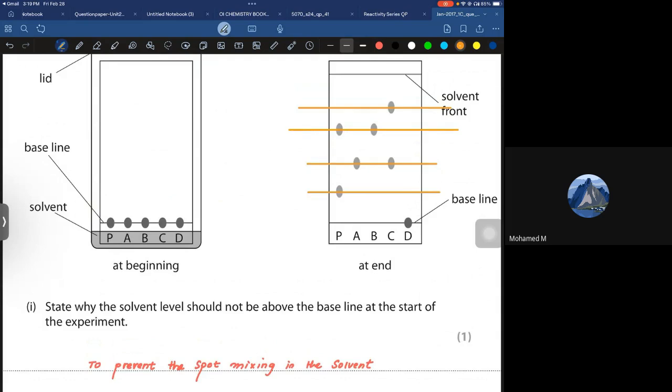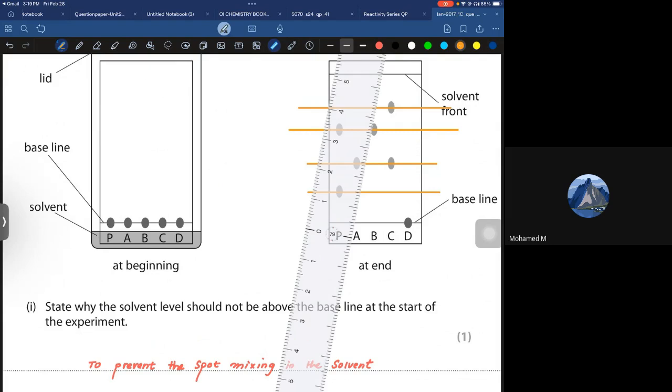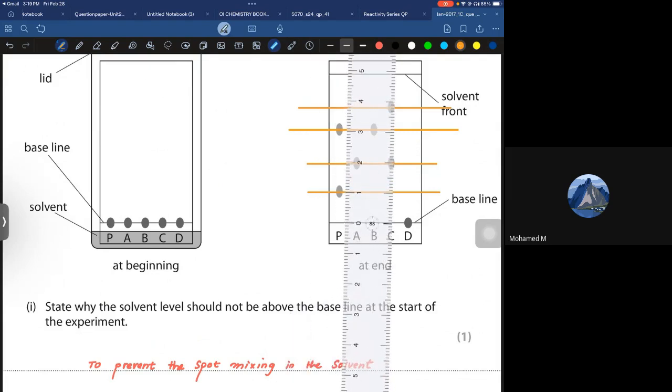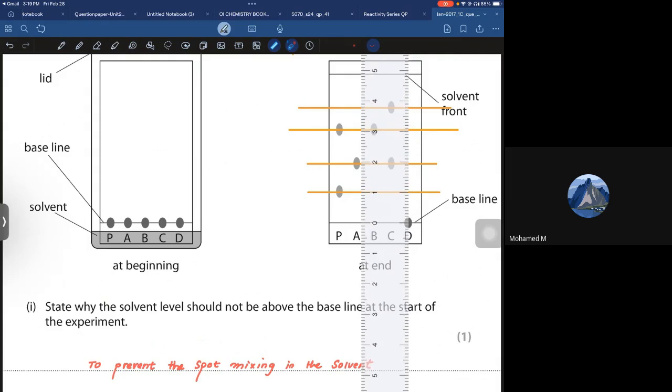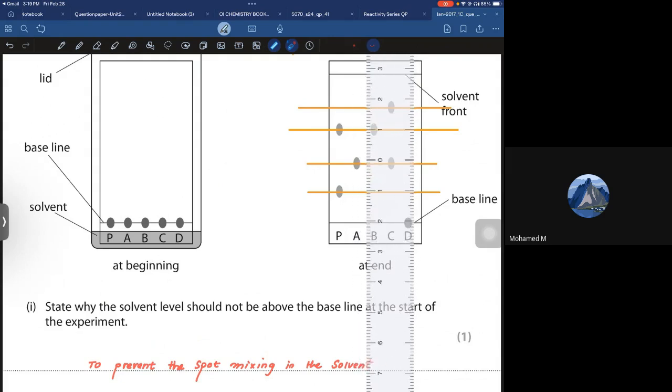So what you would be doing is taking your ruler and putting it at the baseline, exactly matching, and then measuring the distance from the baseline. Approximately it's 2. They are saying in millimeters, right? Yeah, they're saying in millimeters.